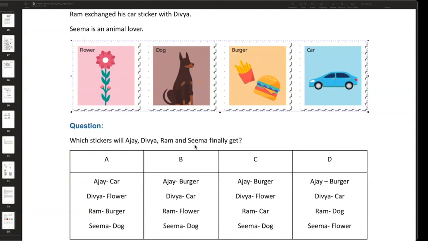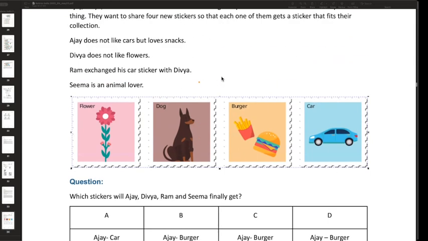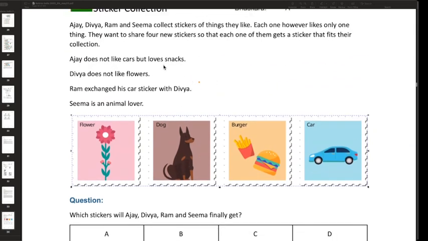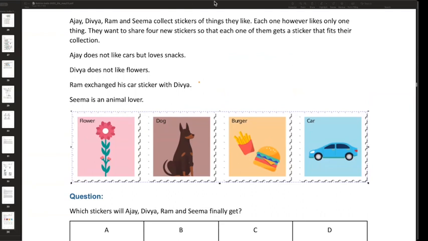Okay. Could you scroll up real quick? Okay, so Ajay does not like cars but likes snacks. So we can just directly say that he likes the burger. Divya does not like flowers, so we'll wait for that. Ram exchanged his car sticker with Divya, so that means that Divya has a car sticker now.